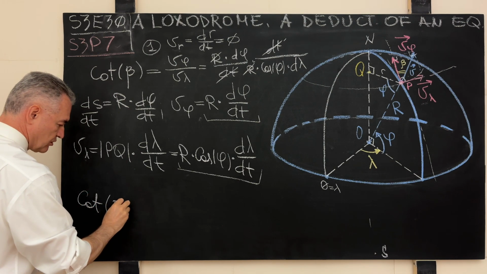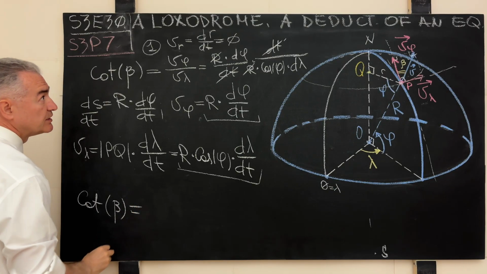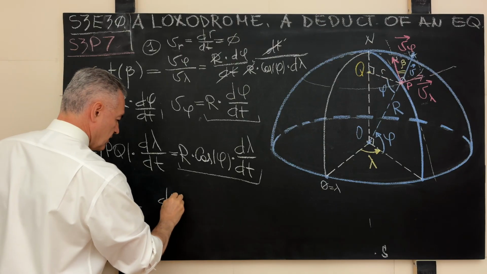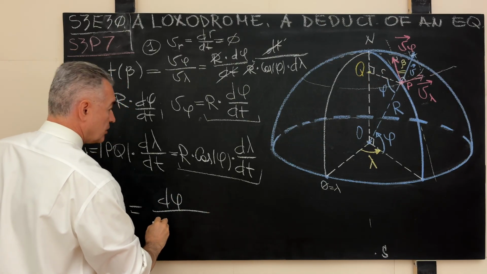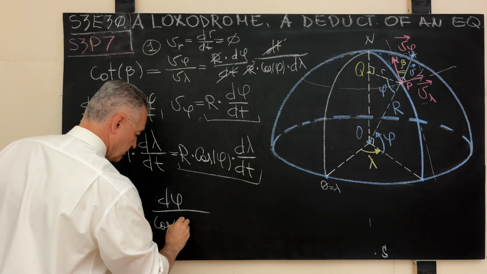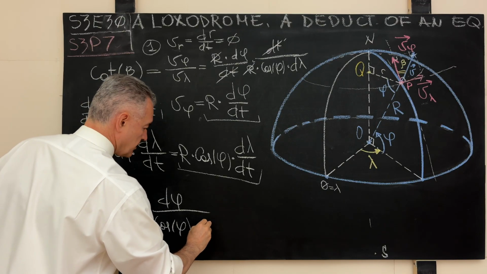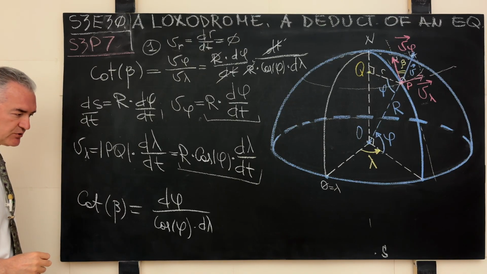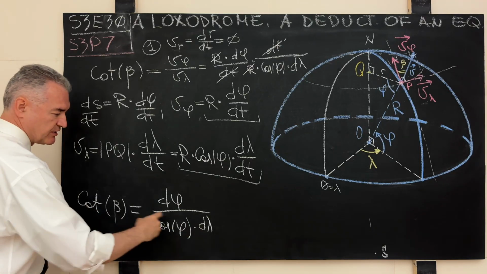The cotangent of beta is equal to d phi over cosine of phi times d lambda, and this is perhaps one of the more pleasant differential equations that you can wish for. We can separate the variables.